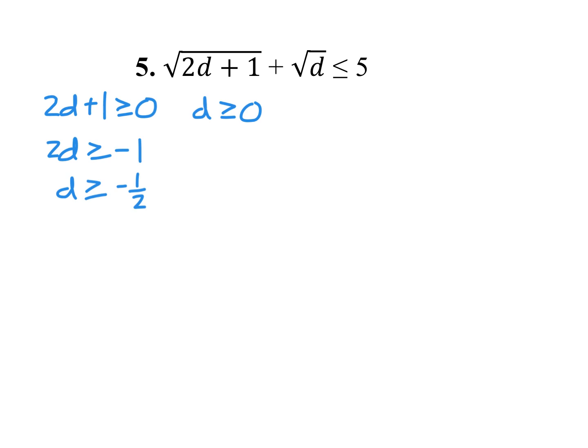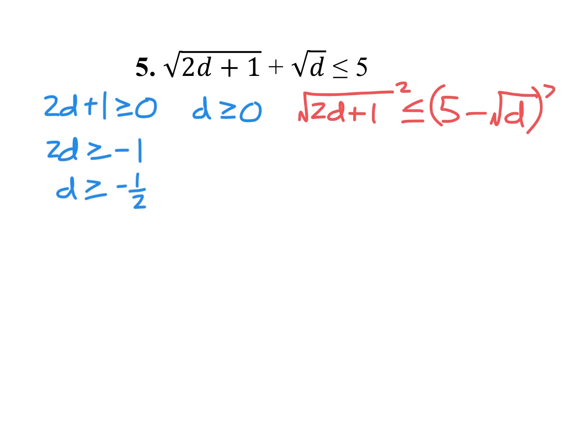All right, so I cannot square both sides just yet because I have 2 radicals on one side. So what I want to do is move one of the radicals to the other side. I usually prefer to move the simpler radical, the nicer looking radical, to the other side. Now I have to square both sides.